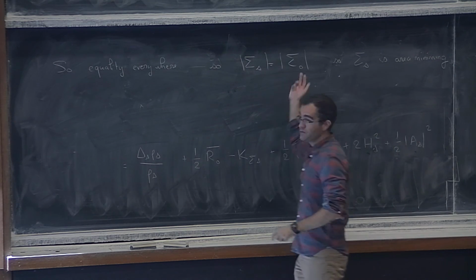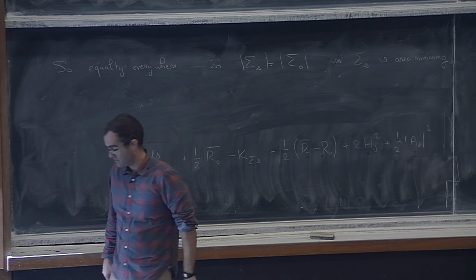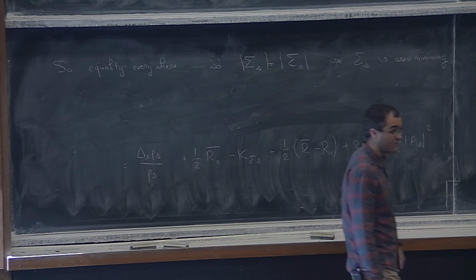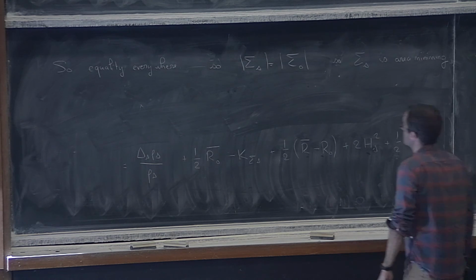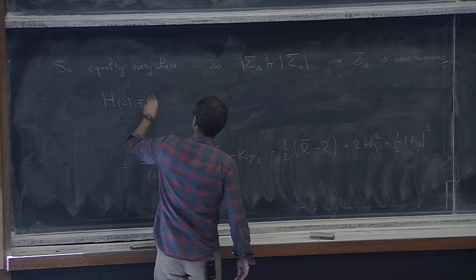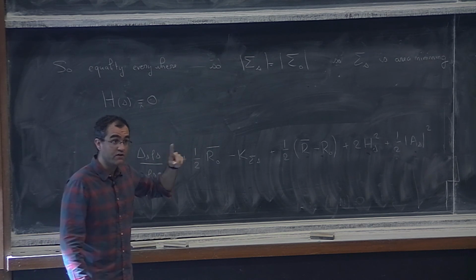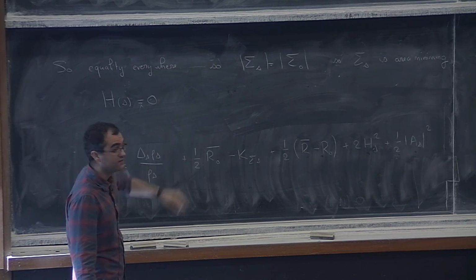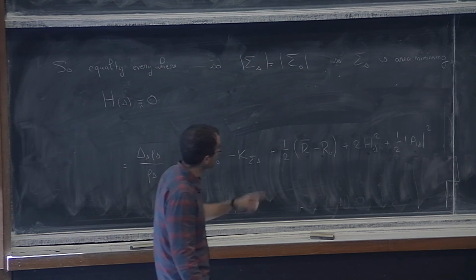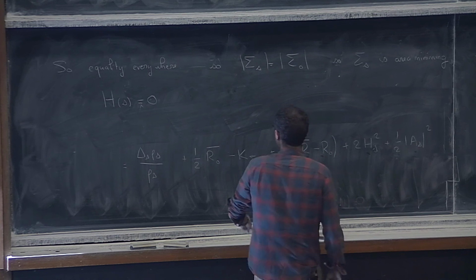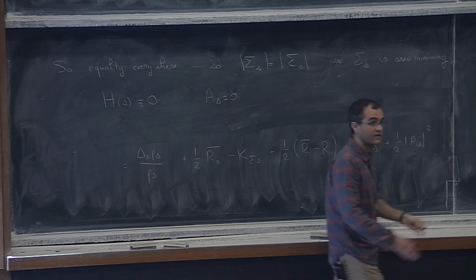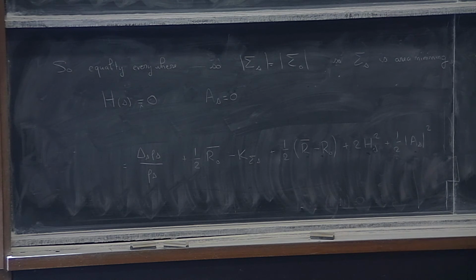It's in the same homotopy class, you just push sigma naught a bit. It has the same area, so it's also area minimizing. So H of S, the mean curvature, is equal to 0. And you also have equality in the inequality for stable surfaces in that case. So it tells you that A of S is equal to 0. So in fact, it's also a totally geodesic surface.